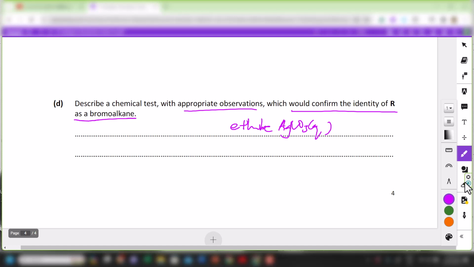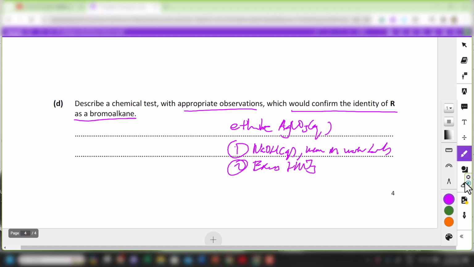Another way to describe the test would be a slightly more long-winded way. Number one, you put a sample in sodium hydroxide and then warm it in a water bath. After that you add excess nitric acid.